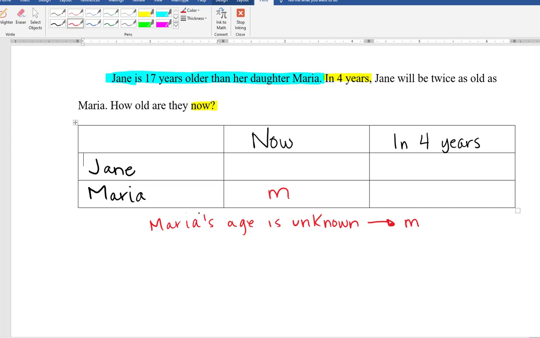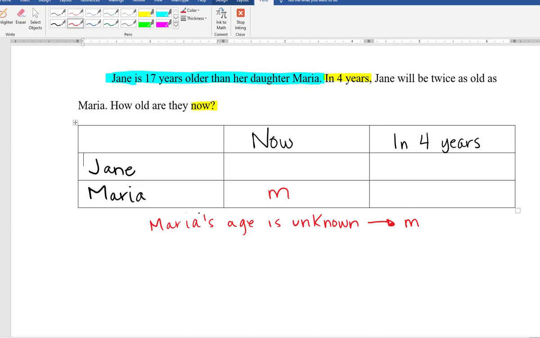All right, check. We've got Maria's age. Granted, we don't have a number yet, but we know it's m. Now we're going to take that first sentence and utilize that first sentence. Jane is 17 years older than her daughter Maria. And being 17 years older, like let's say I'm 30 and my brother is 3 years older, he would be 30 plus 3, so he would be 33.